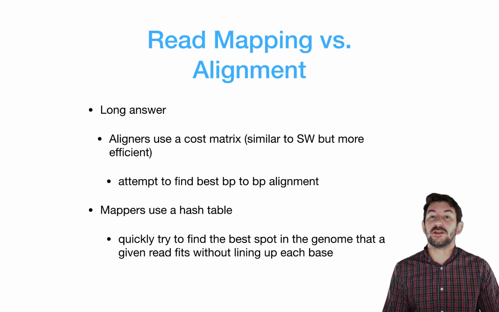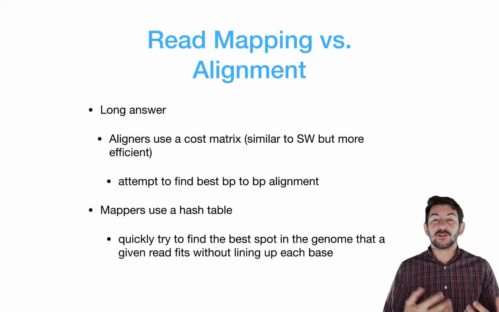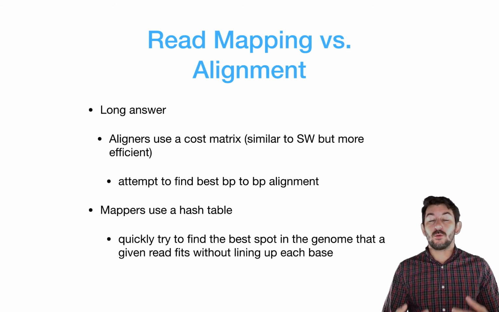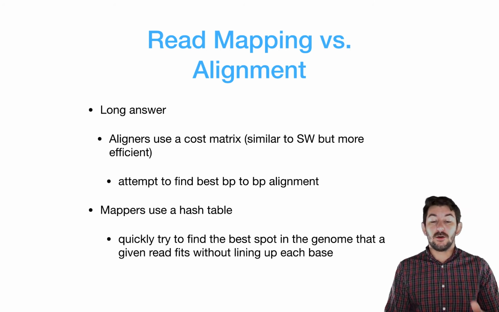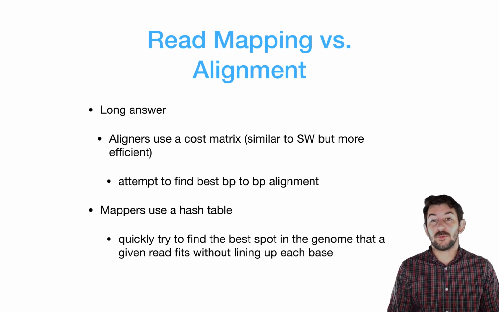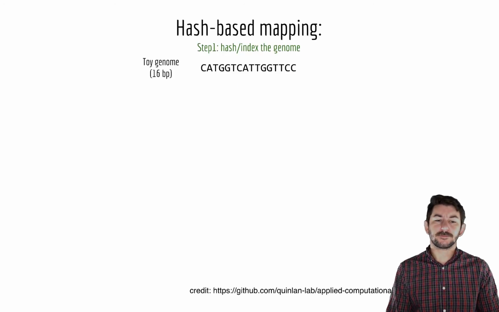They cut corners, but they still try to find the best base pair to base pair alignment, typically kind of like a local style alignment. While mappers take a totally different approach and use what's called a hash table to try and find the best spot in the genome for pieces of reads to find where they're supposed to go. Almost similar to what we saw with BLAST.